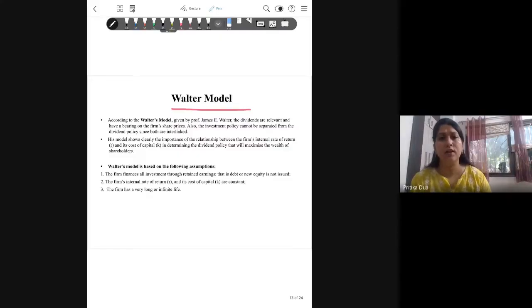and the theoretical models wherein we try to give a verdict on whether dividend decisions are relevant to the overall valuation of the firm or not. So, like any school of thought or any theoretical foundation, here also we have two contrasting views.